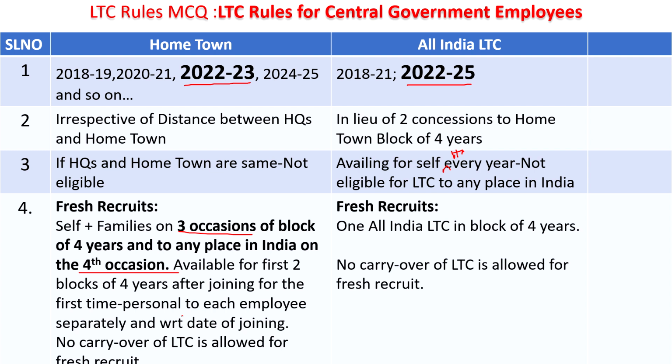That means if an employee joined yesterday, from yesterday onwards, up to 8 years only, these 2 blocks will be operated, and thereafter, after completion of 8 years, normal LTC along with the others will come into force. On completion of 8 years, they will be treated at par with other regular employees.